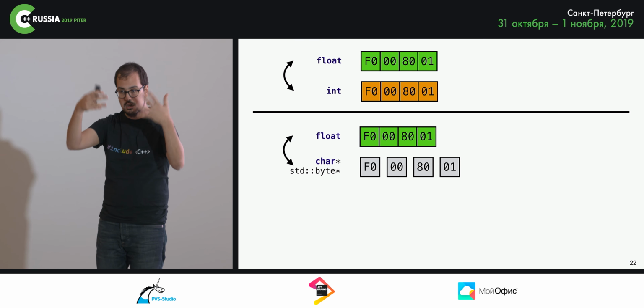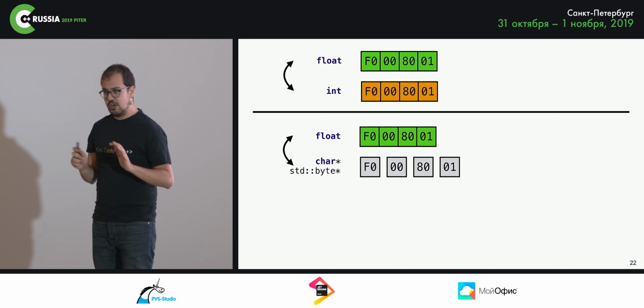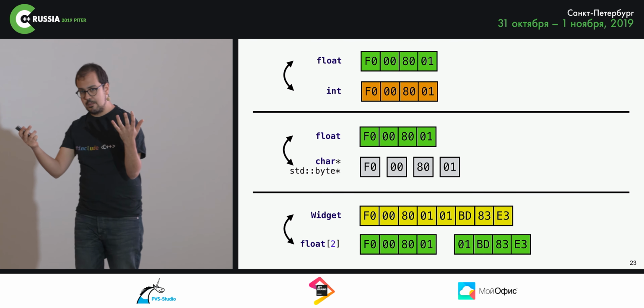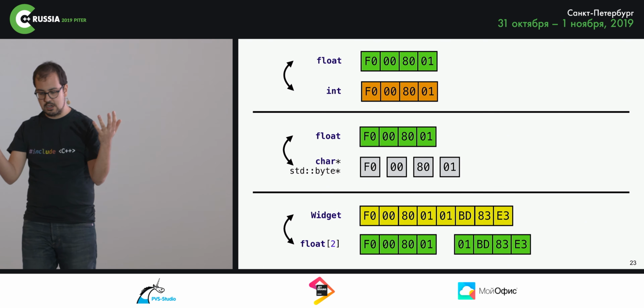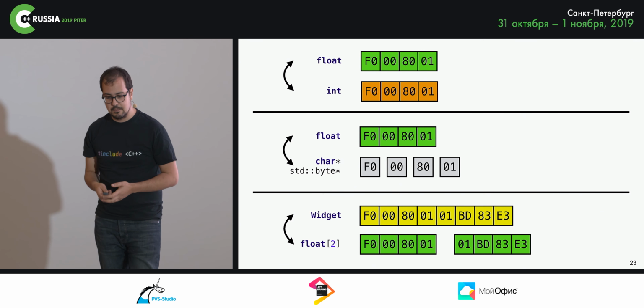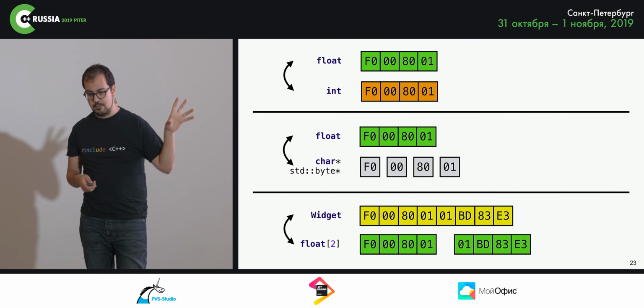So you're casting between a bunch of bytes and an object of some type. And then there's a third category, which is a bit weird, where you have an object of one type, which is composed of other types, and you want to cast it to something else that is composed of these types, like an array, for example. So this is a bit weird. We're going to look at this at the end. Mainly, we're going to talk about the first and the second.